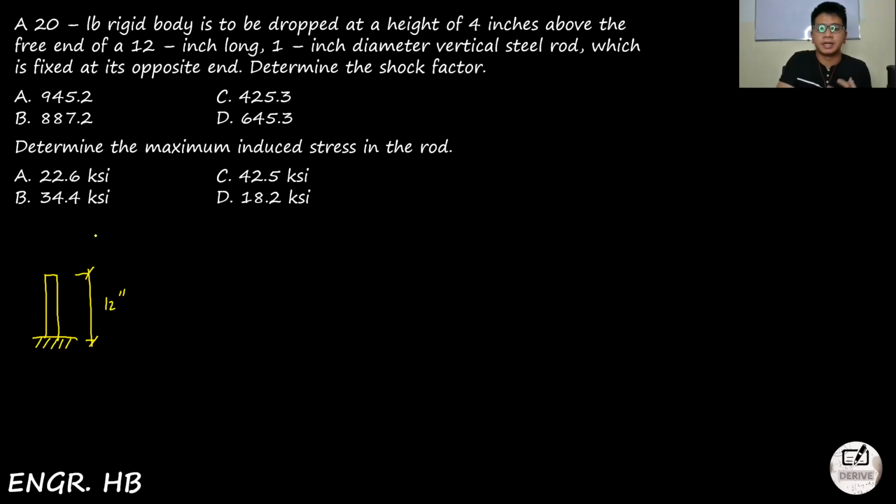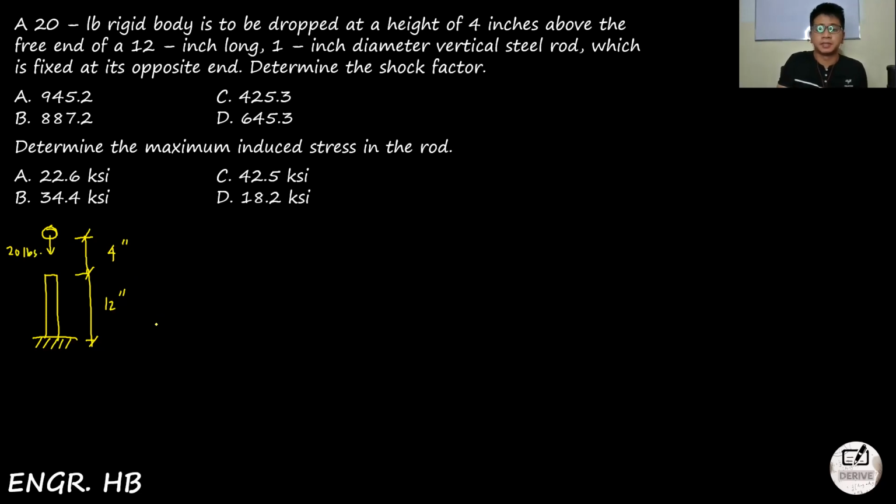At ang sabi ay babagsakan ng 20-pound rigid body. So that was medyo mabigat, almost 8 to 9 kilos. Kunyari, ito yon. So yan si 20-pound rigid body. Babagsak siya at a height of 4 inches. So that was the 20 pounds.